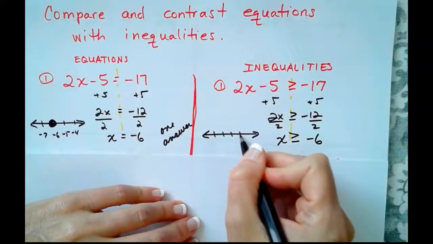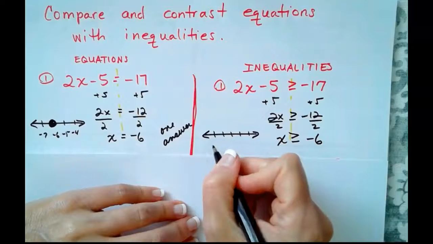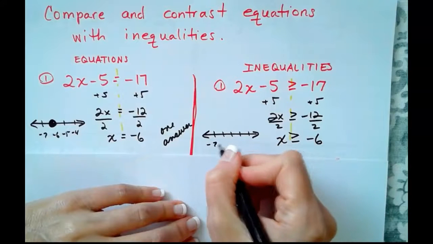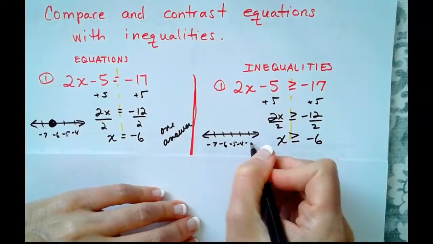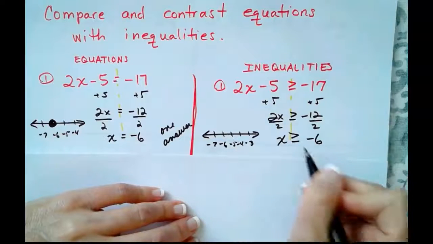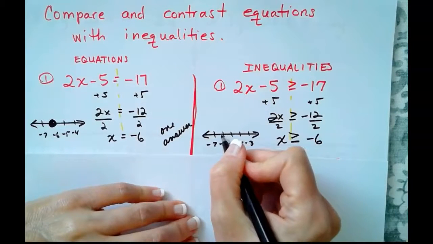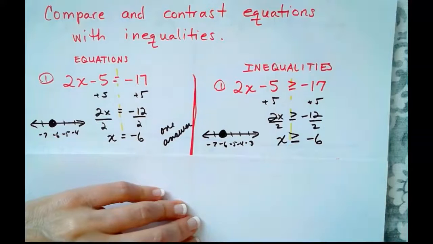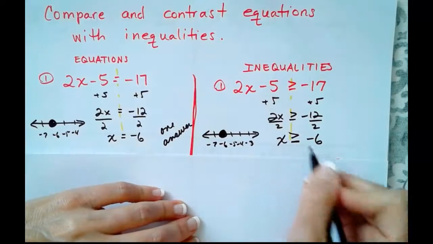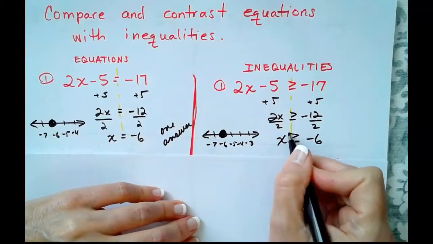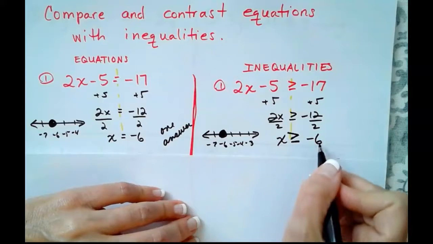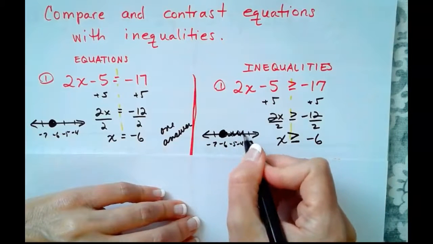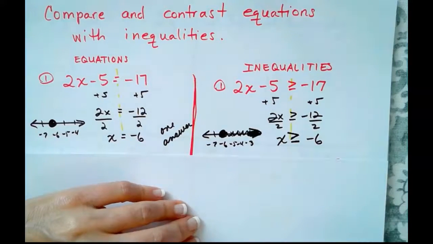So let's get it on the number line and we'll test one of those. So negative 7, negative 6, negative 5, negative 4, negative 3. So this is an or equal to, so closed circle on negative 6, and then our answers are greater than negative 6. So we will shade to the right.